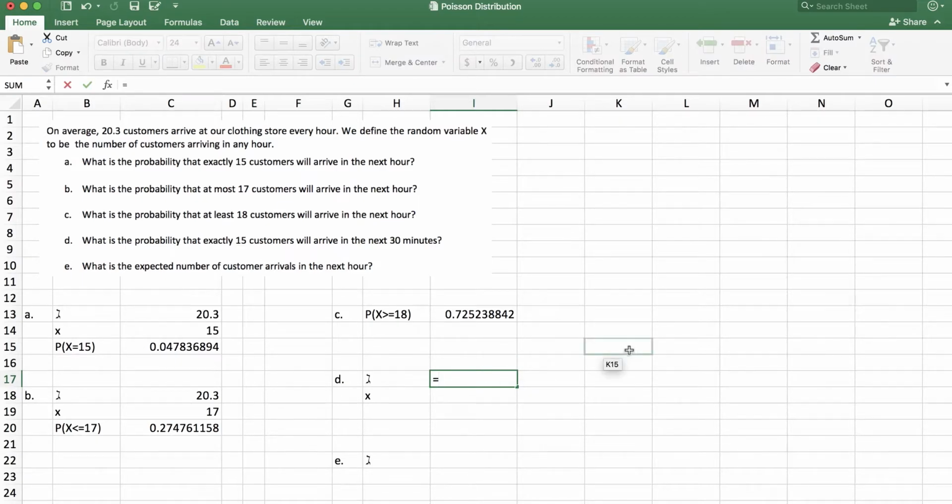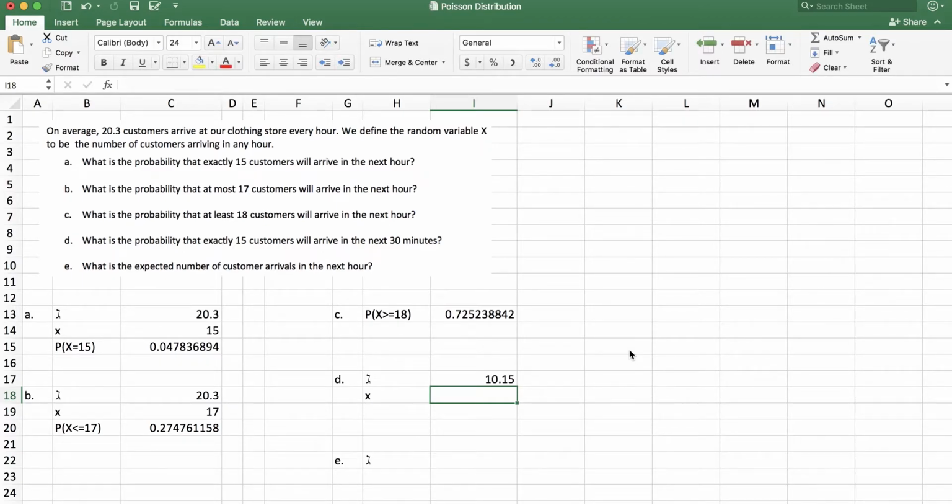To calculate my new lambda value, all I need to do is divide 20.3 by 2, because my time interval is now 30 instead of 60. 60 divided by 30 is 2. That's why I'm dividing 20.3 by 2, and that will give me my new lambda value. So I scaled my original lambda value based on my new time interval.